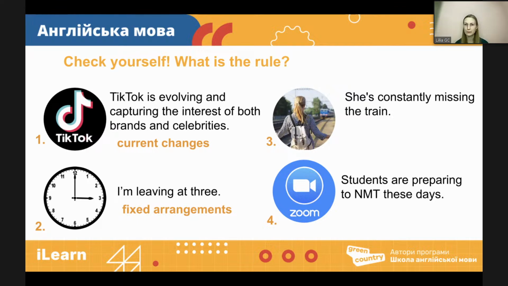What about number 3? She's constantly missing the train. What could it be? Any of your ideas? So, she's constantly missing the train. Sounds like present simple to me. So you can see the answer of number 2, fixed arrangements, but not number 3. I didn't spoil that. So, number 3, she's constantly missing the train.